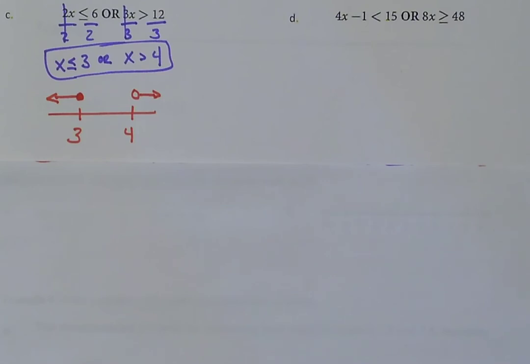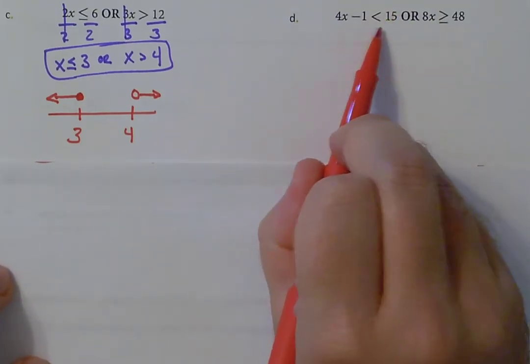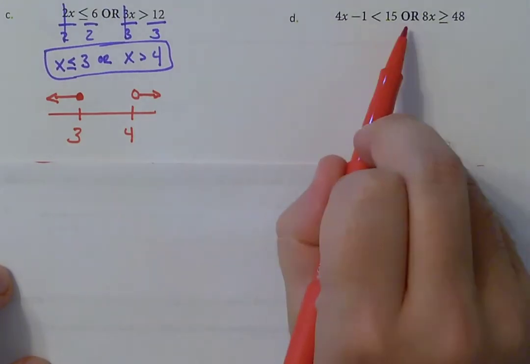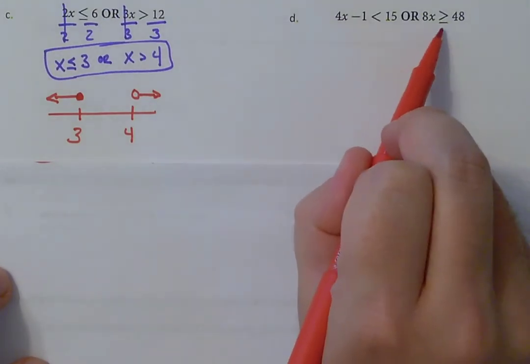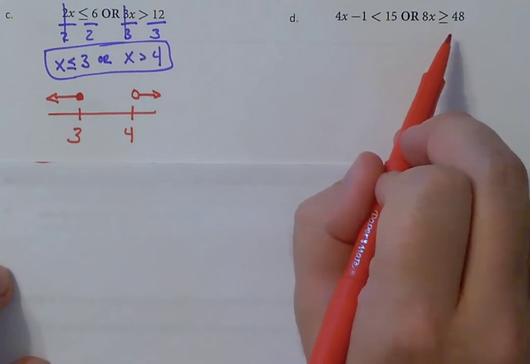All right, lastly, I do want to take a look at D, because D is not going to involve just one step. So for D, we have 4x minus 1 is less than 15, or 8x is greater than or equal to 48.